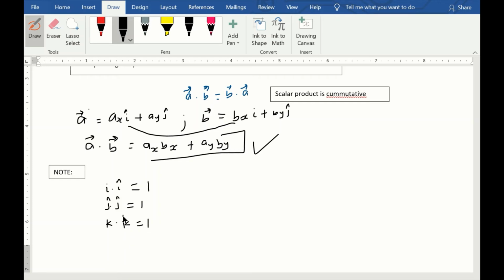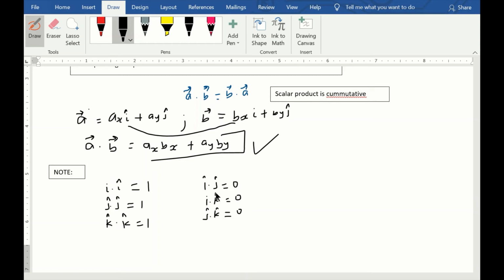So these are very important concepts you have to remember when you are using the second method for finding scalar product. That means that I dot J will give us 0, I dot K will give us 0, and J dot K will give us 0.